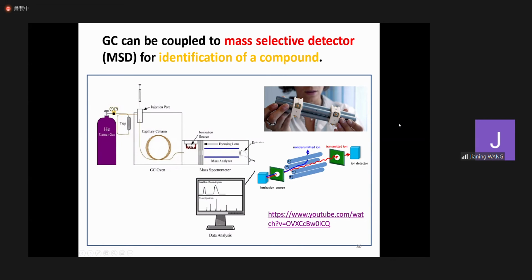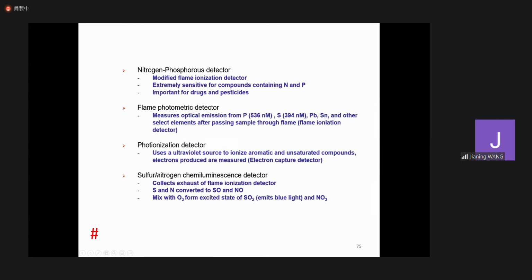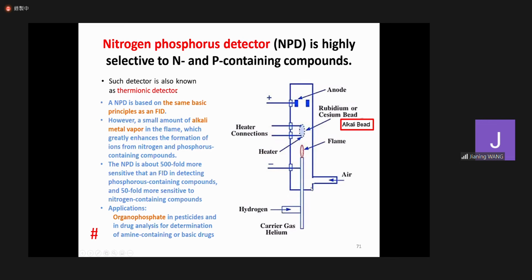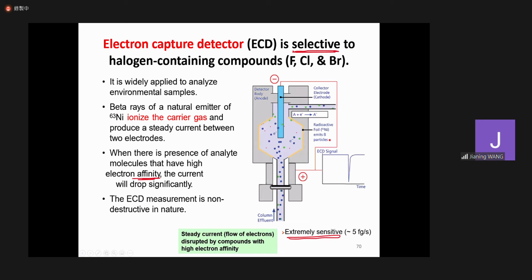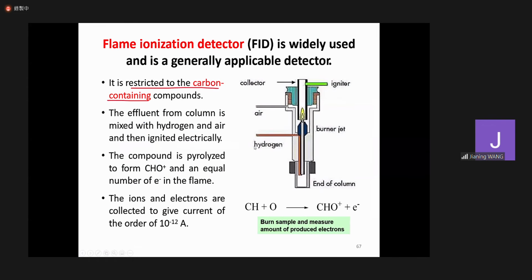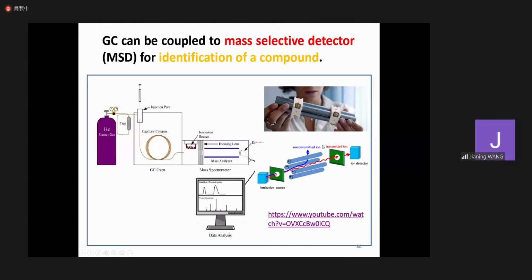So you should take more time on this part, but you should also know some features of these four. You should know how to describe their features and the principles for ECD, TCD, and FID.